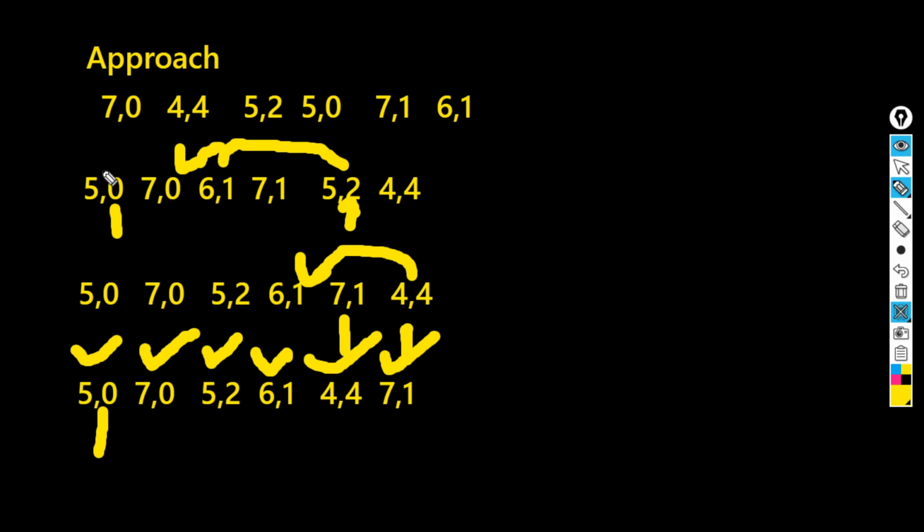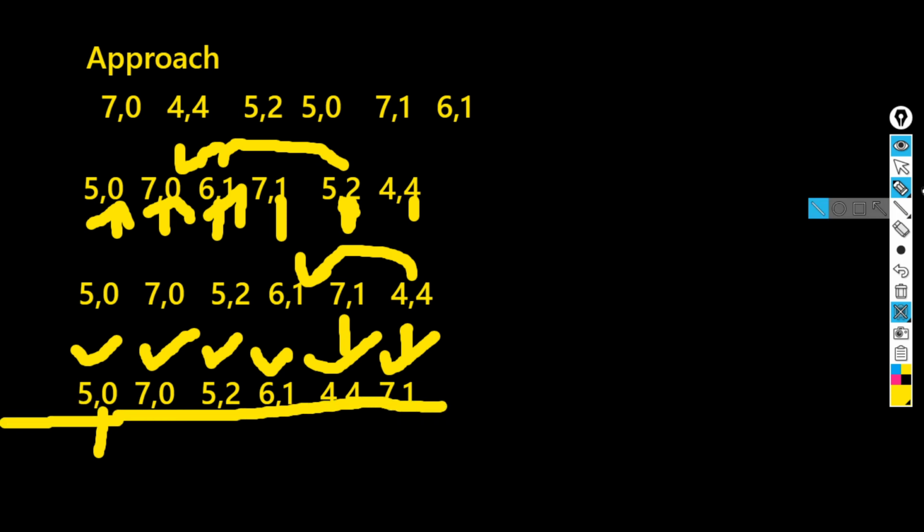Suppose for 5 0 we have 0, so we insert according to this index. We insert this at 0, this also at 0, this at 1, this at 1, this at 2, this at 4. After doing this we will get the correct answer. So now let's see the code.